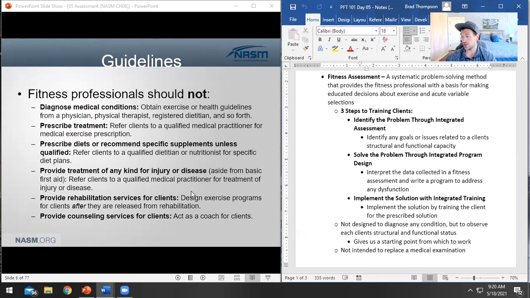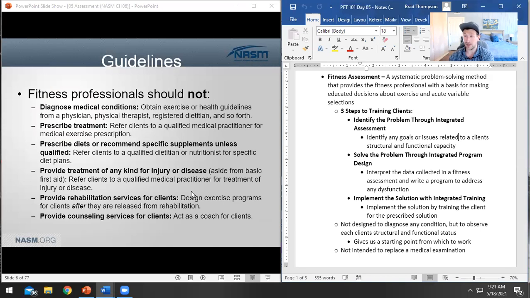As corrective exercise specialists, our job is to either prehabilitate someone to keep them from getting injured by observing their posture and fixing it, or to get someone back to where they were strength-wise after an injury. A lot of people think that's a physical therapist's role. A physical therapist's role is to get you back to functioning status. Our job is to get them back to their athletic status. So there is a little bit of a difference there.